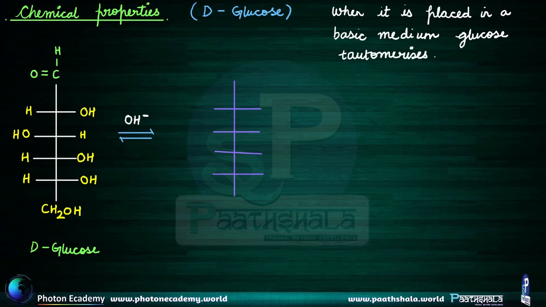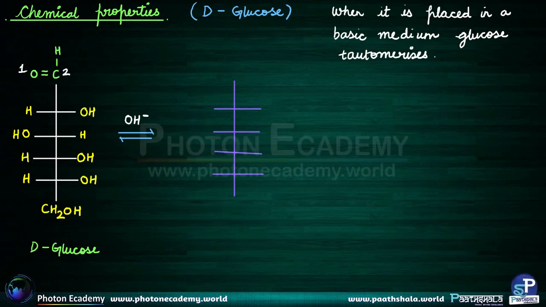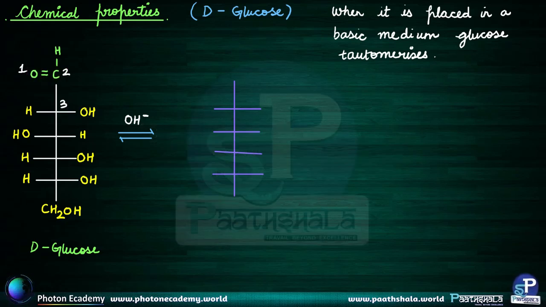Now, what does tautomerize mean? If we start naming, suppose we name this O as 1, this C as 2, and this one as the third one. We're going to be switching the positions of the double bond. In the next structure, when it is placed in a basic medium, this double bond now comes in between the second and the third carbon.